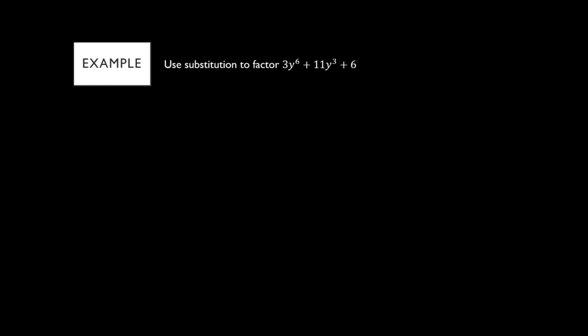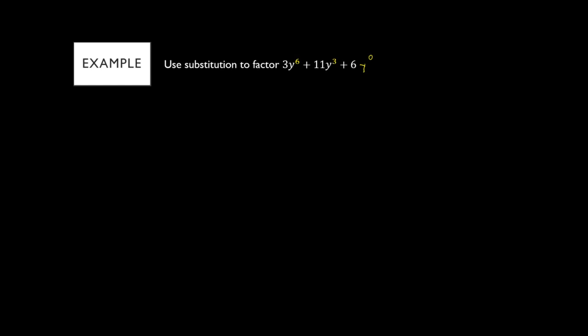So the key on using substitution is to look at the exponents. In order for this to work, the exponents have to be double. So the higher exponent needs to be double the middle exponent, and then there has to be no exponent on the last one, like a y to the 0.